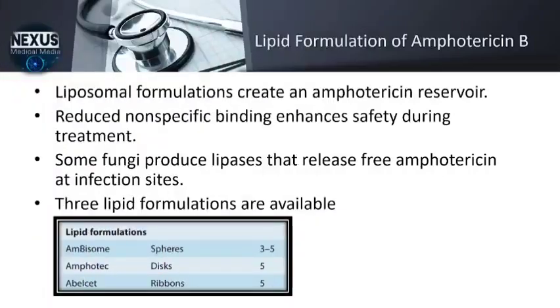Okay, let's just continue. So liposomal formulations will create an amphotericin reservoir. Reduced non-specific binding enhances safety during treatment, and some fungi actually produce lipases that release the free amphotericin at the site of infection, right?